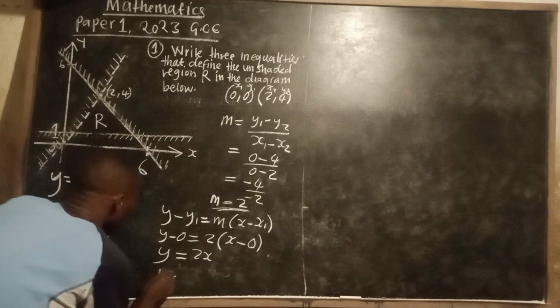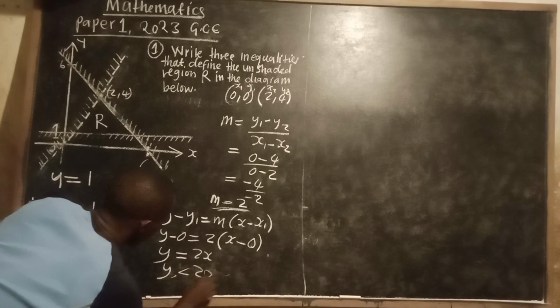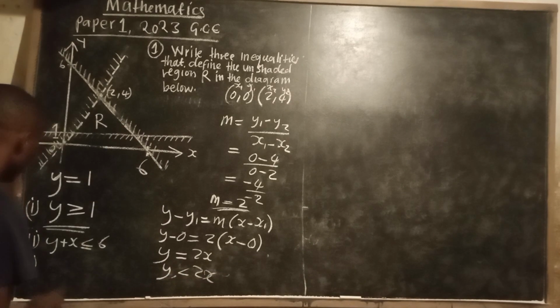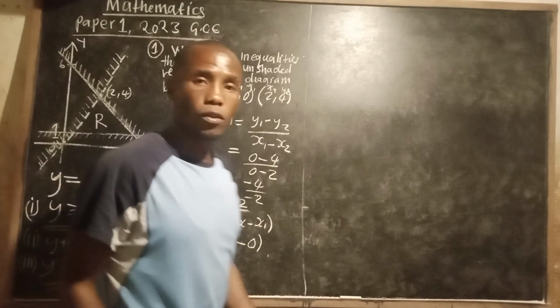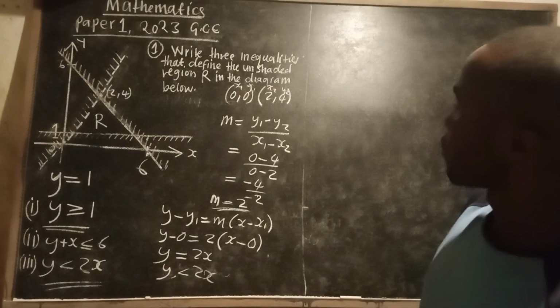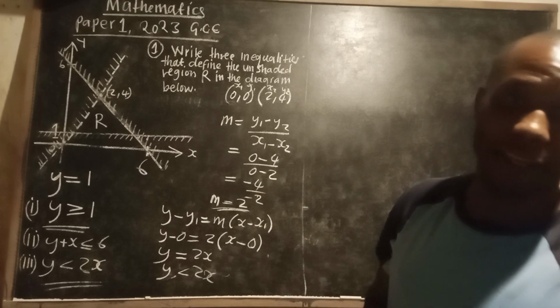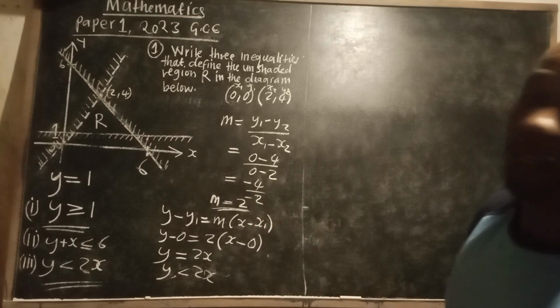So the final answer will be y is less than 2x. So these are the 4 constraints or inequalities that they were looking for. Once you are done like this, it means 5 marks is yours. So that is the way to go.